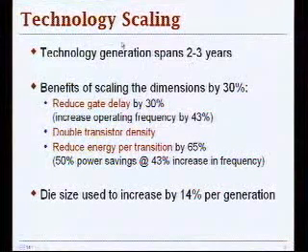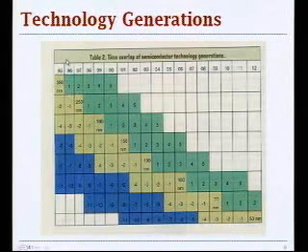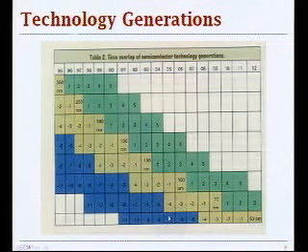So this is the scaling concept that we are going to talk about, and this is the roadmap for technology scaling. This little chart shows the technology generations that are available to us in a certain period of time. For example, in today's technologies we are working with 100 nanometer, basically 90 nanometer technologies, and also playing with 65 and even 45 nanometer nodes.